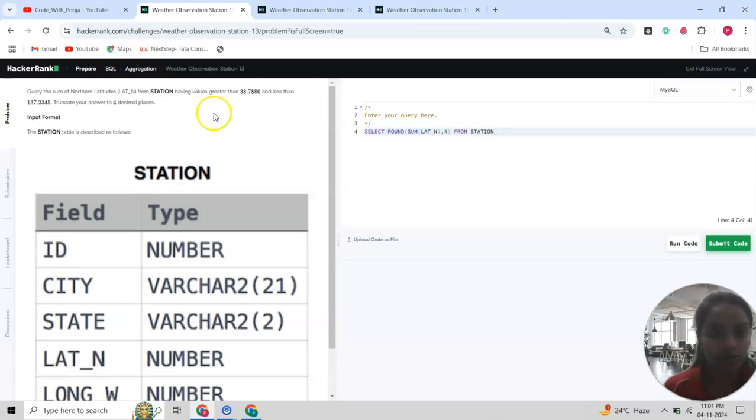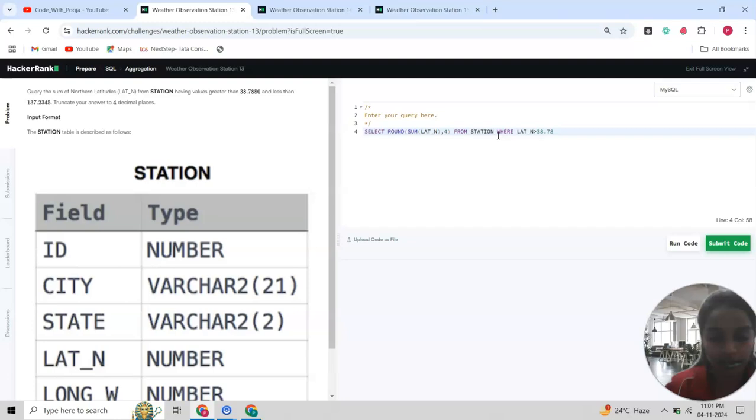What are the requirements? We have to sum the latitude from station where latitude is greater than 38.78845. This is the quiet thing we have to write. And now ready to run the code.